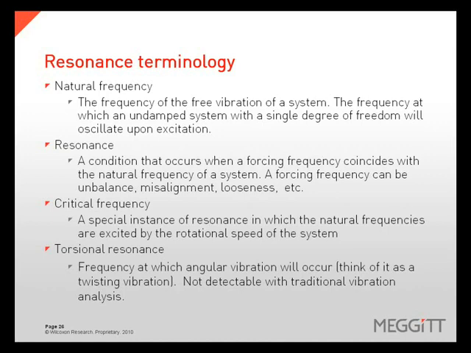A forcing frequency can be unbalance, misalignment, looseness, or other things. Critical frequency is a special instance of resonance in which natural frequencies are excited by the rotational speed of the system. And torsional resonance is a frequency at which angular vibration will occur. Think of it as a twisting vibration. This is not detectable with traditional means of vibration analysis.